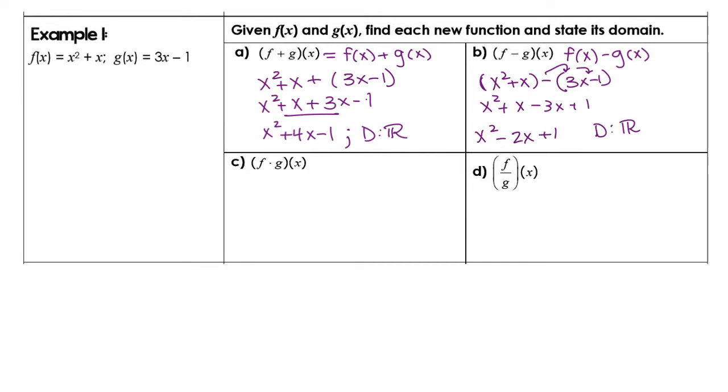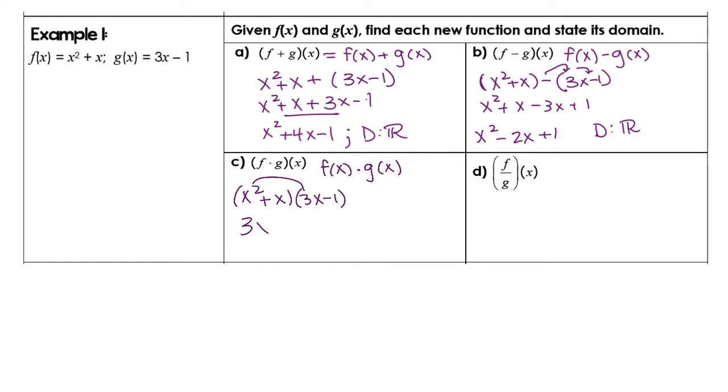Okay, moving on to our multiplication. Again, this is going to imply f at x times g at x. And so when we do that, we're going to have x squared plus x times 3x minus 1. And when we multiply this out, keep in mind this is kind of like doing our FOIL.